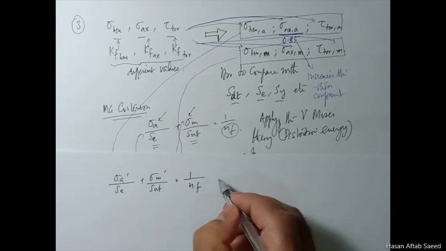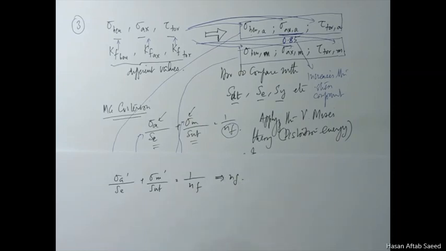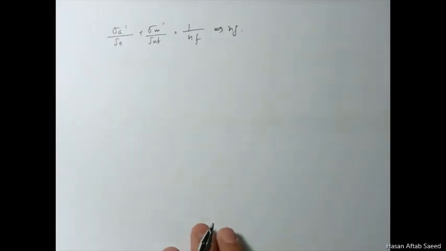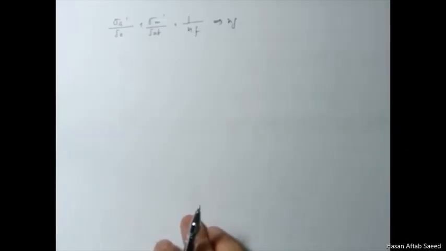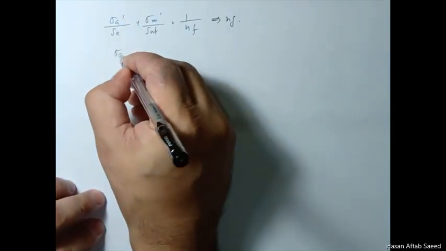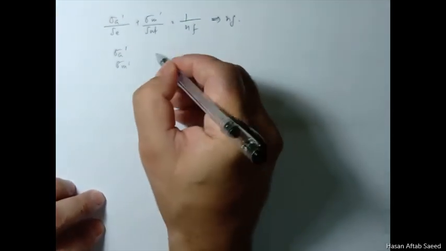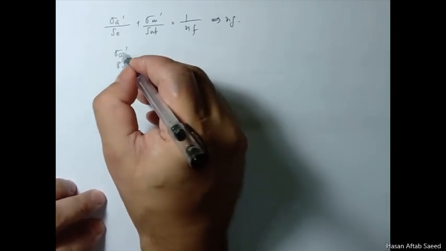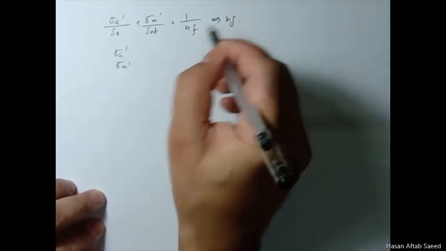And you calculate the value of NF. And if it's a case of fluctuating load, then you will have a value of this and both values, and you'll apply them here and get this.